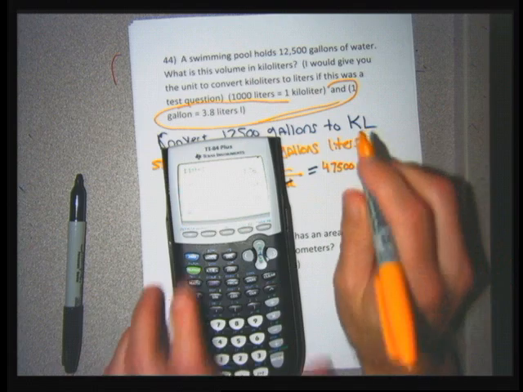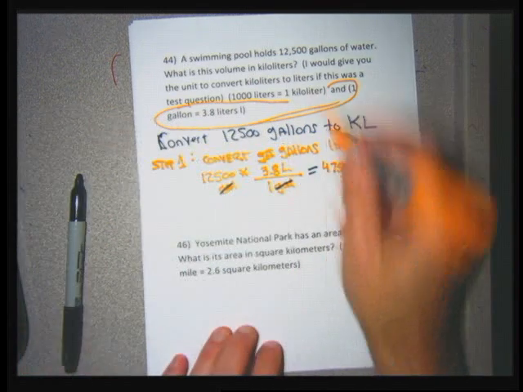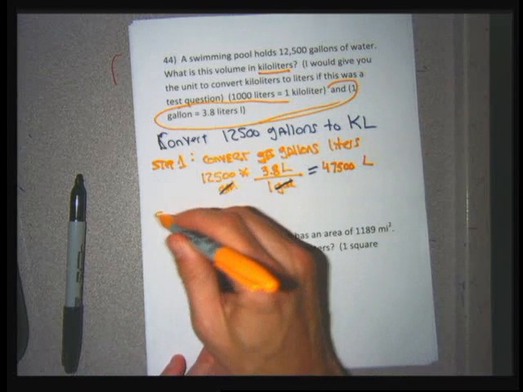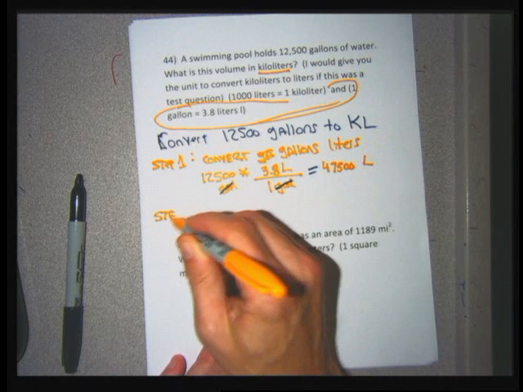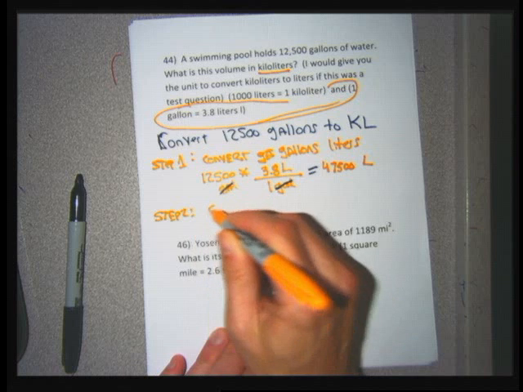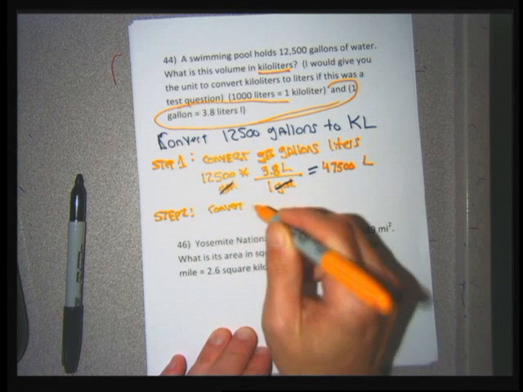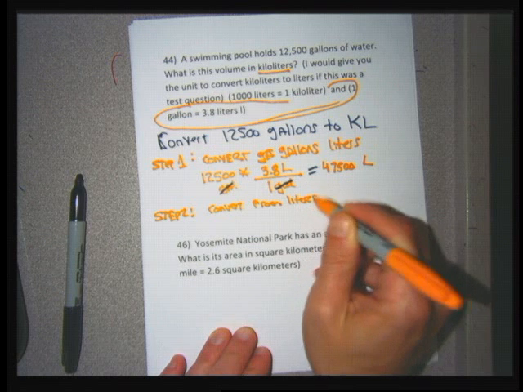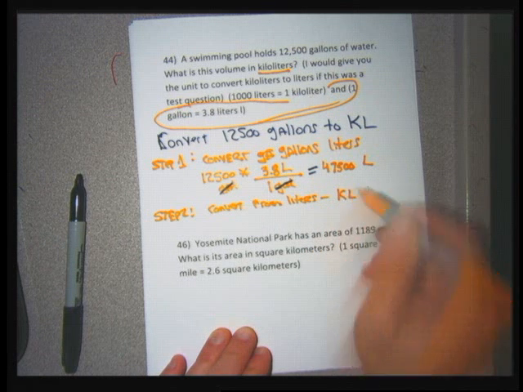That would be an answer if the problem said what is the volume in liters, but it doesn't. It says what's the volume in kiloliters. So my step 2 is I need to convert from what I have now, liters, to what I want, kiloliters.